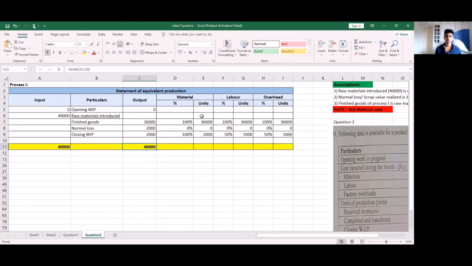Let's quickly sum the units to find our equivalent production units. For materials, we have 38,000. For labor, we have 37,000. And finally, for overheads, we also have 37,000.